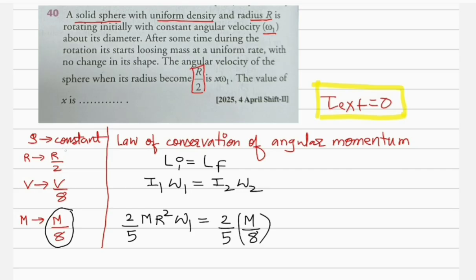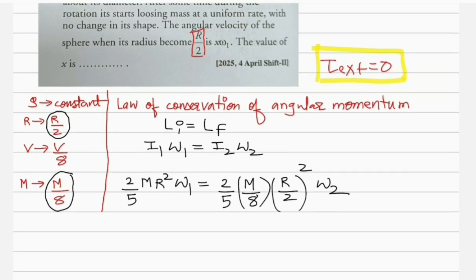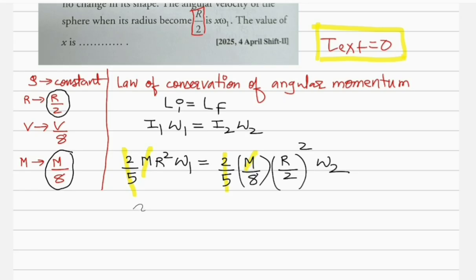How much is the radius? The new radius now is half as compared to the original one. So 2/5 into mass into radius square, that is r by 2 the whole square, into omega 2 as it is. Alright. So we can do some cancellation now. 2/5 will cancel out. M will cancel out, right? Radius square, simplify and then cancel.